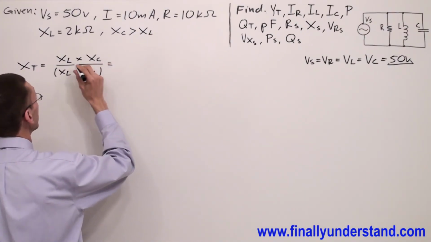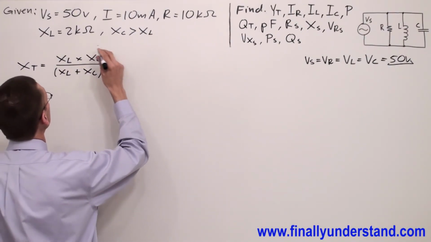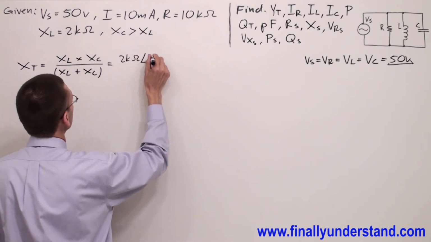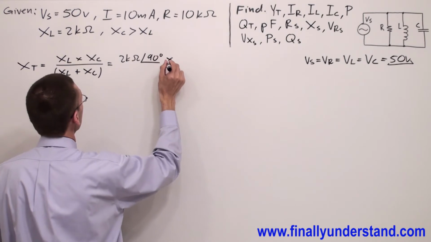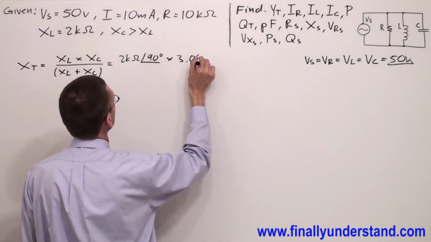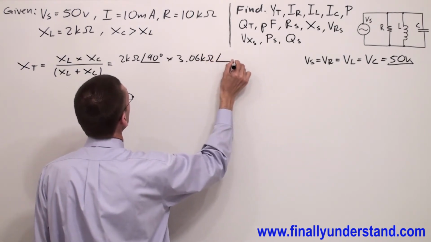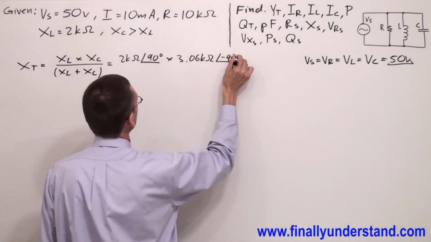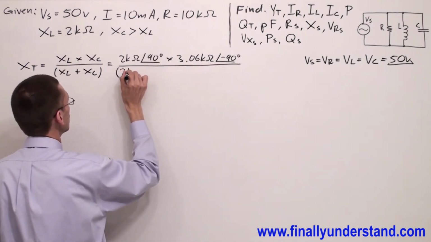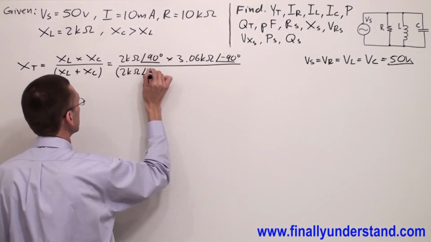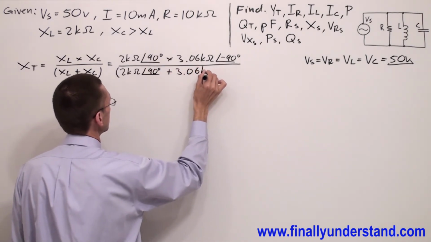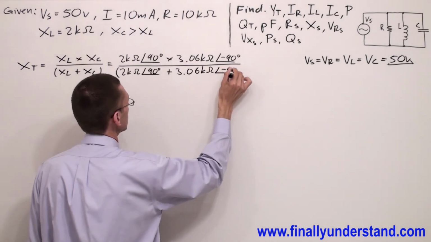This is equal to X of L, which is 2 kiloohms and angle of 90 degrees, times X of C, 3.06 kiloohms and angle of negative 90 degrees, over 2 kiloohms and angle of 90 degrees plus 3.06 kiloohms and angle of negative 90 degrees.